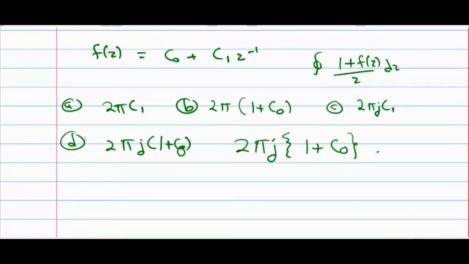The curve given is |z| = 1. In the year 2009, this was a GATE question.